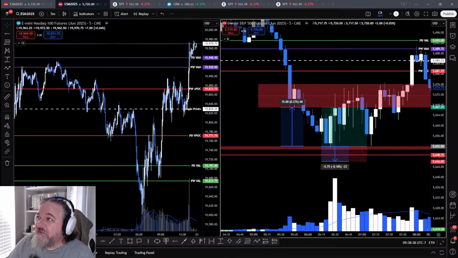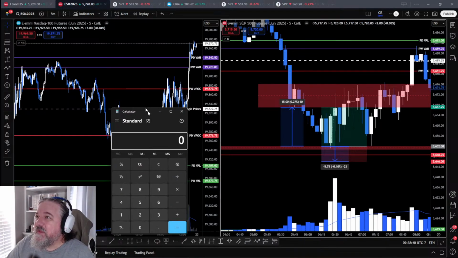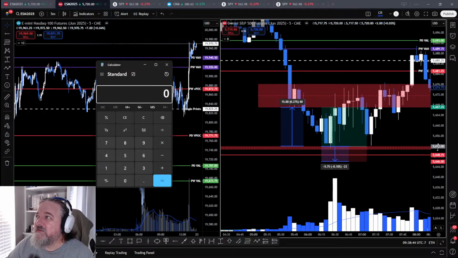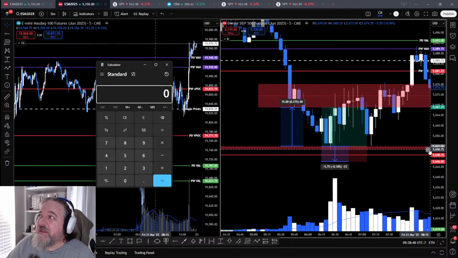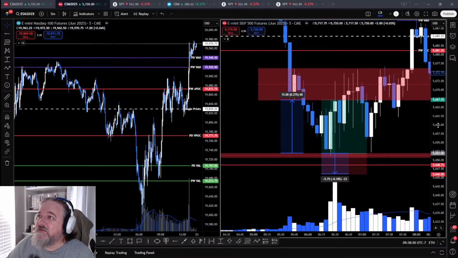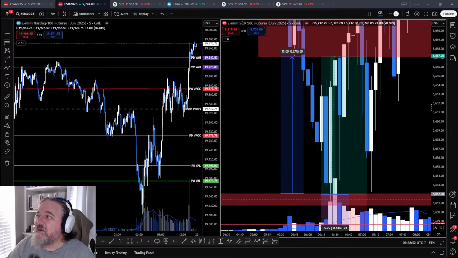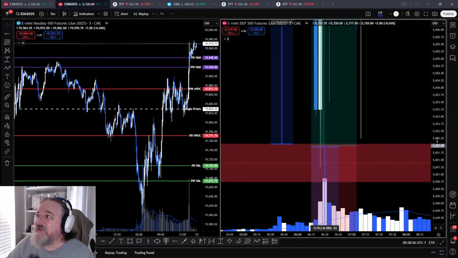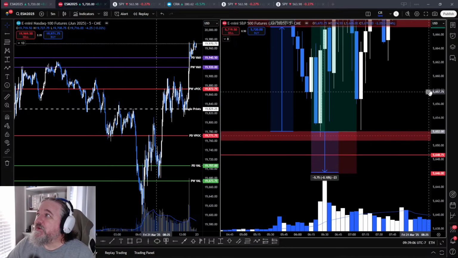The actual math on that is, I'll do the entire math, but every point on ES is $50. ES moves in 25-cent increments. So you can see 52, 52.25, 52.50, 52.75, 53, and so on.